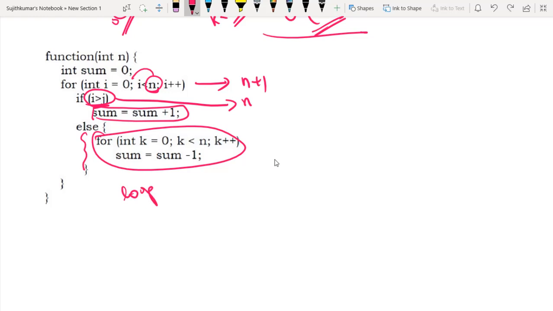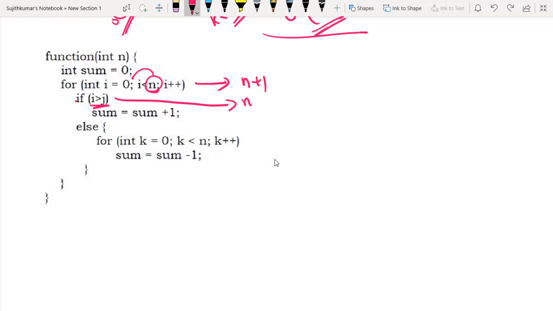So if I consider the worst case, the loop will take more time, so I have to assume this condition is false. Only the else block will be executed, and the single statement won't contribute much to the time. But here there is a loop.